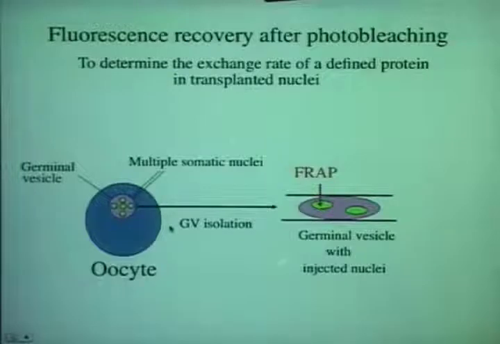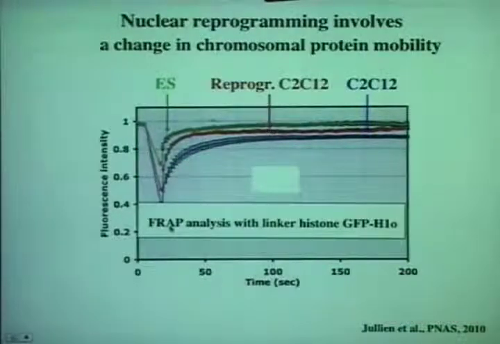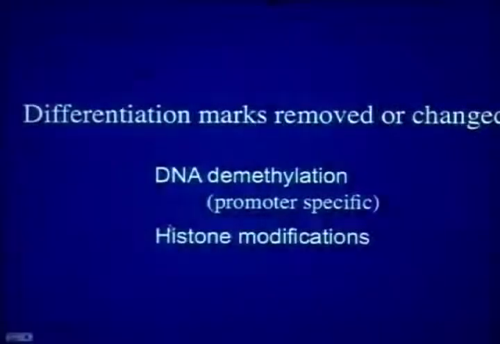The whole process of this reprogramming will take place in an isolated nucleus. Now, I have to say that is isolated in oil, so there's no aqueous exchange. But when you do that, you do see a significant change in the protein mobility in accord with this reprogramming and occupation of the nucleus by B4.